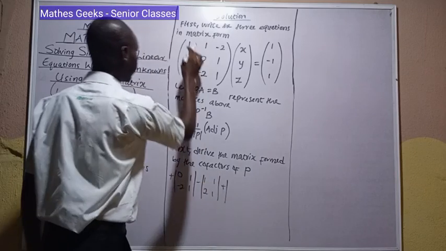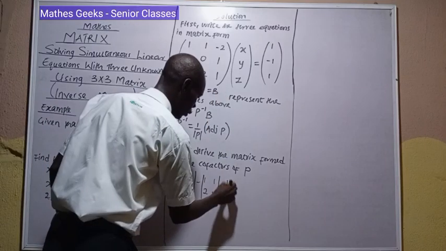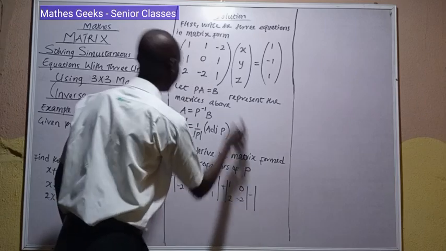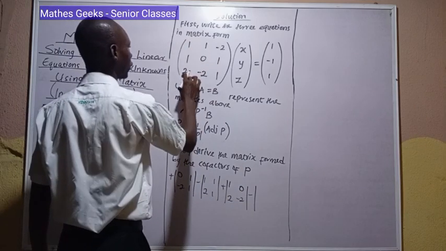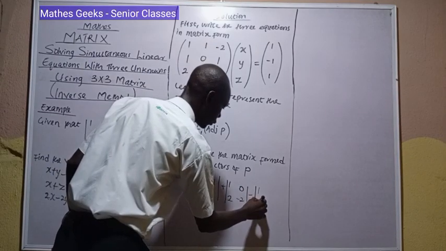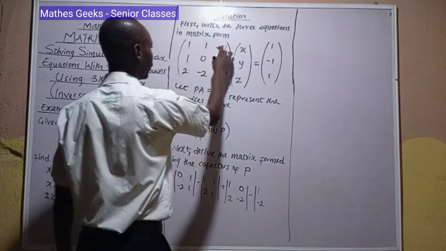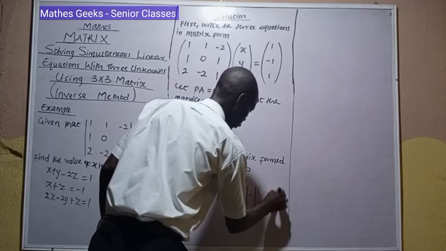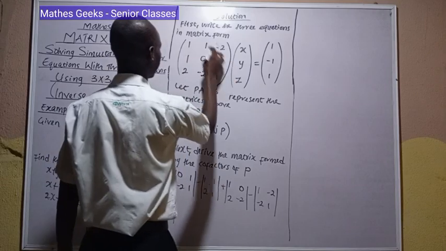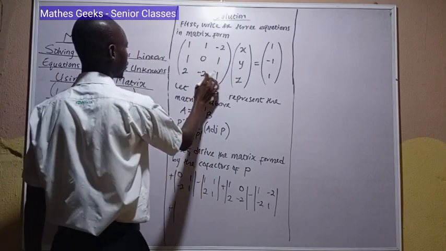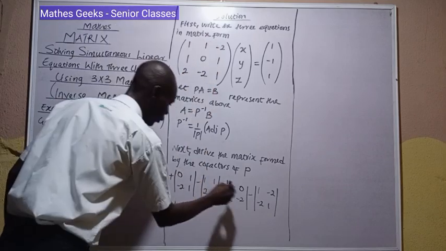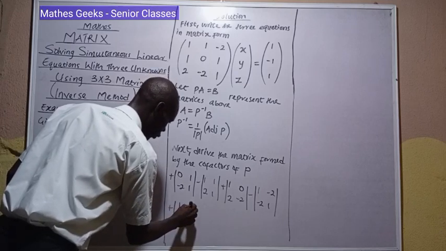Plus, first row, third column, with 1, 0, 2, minus 2. Minus, second row, first column, with 1, minus 2, minus 2, 1. Plus, second row, second column, with 1, minus 2, 2, 1.